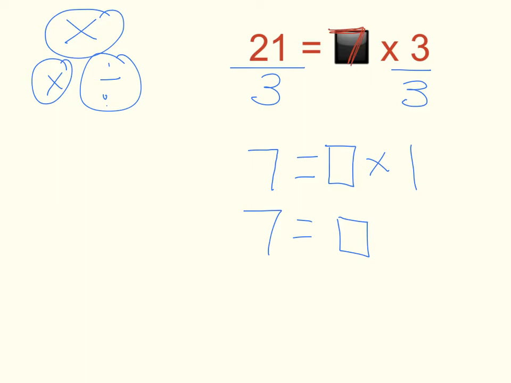If I look at where I put the 7, 7 times 3 is 21. And now I see that it is true, and I did get 7 for an answer by dividing by 3. Remember, you can only add, subtract, multiply, or divide using the two numbers that you are given.